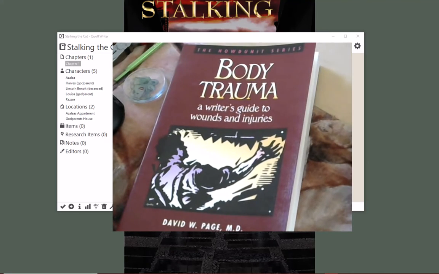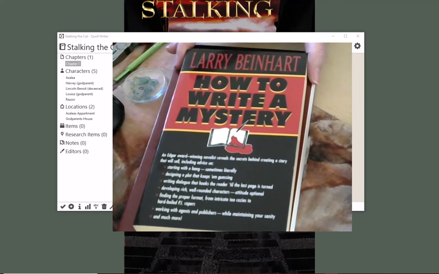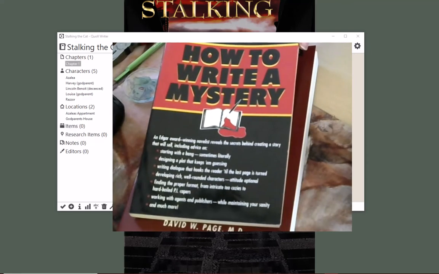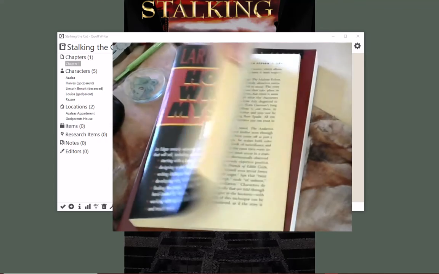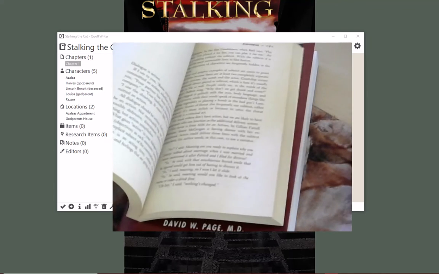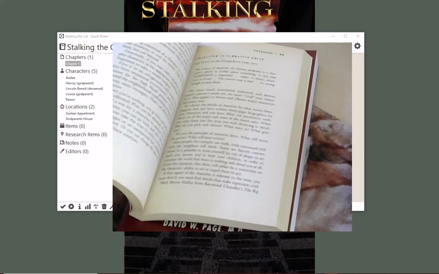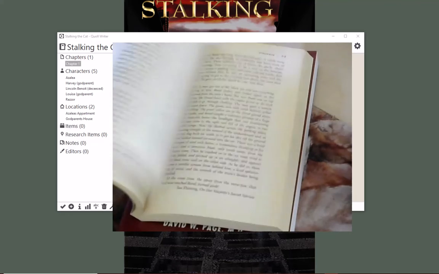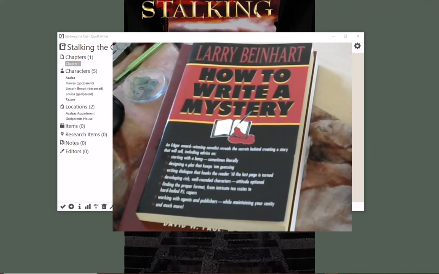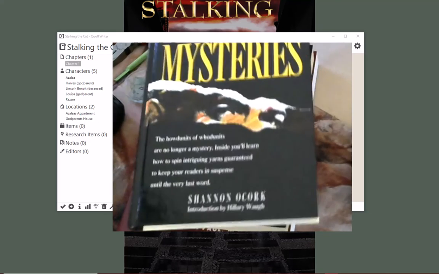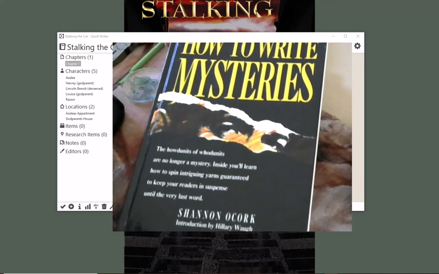I also found another book here. This one's called How to Write a Mystery, and this gives just some information on things to consider when you're writing a mystery, such as different dialogue and how plots and characters work and that sort of thing, so it could be a good reference. I also found another book in my list from Writer's Digest that was called How to Write Mysteries.